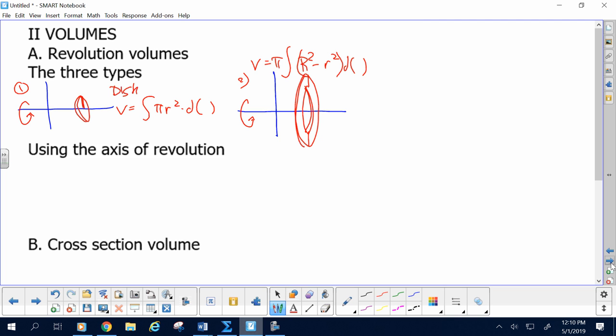Three is if you have a slice, say you have that same kind of slice here, but this time you revolved it around the y-axis. If you revolve that around the y-axis, then it makes a totally different type of figure, a shell, also called cylindrical shells.